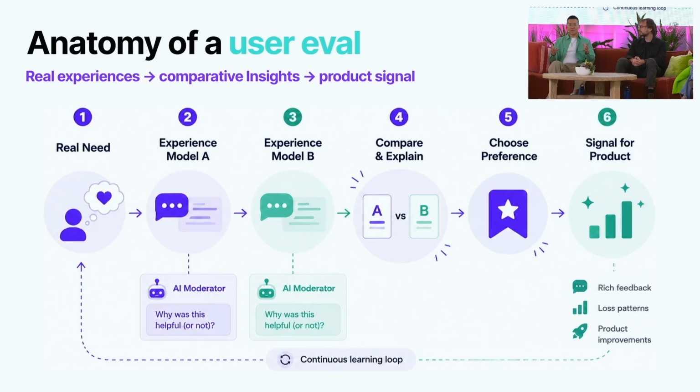And for user evals, we found that consumers' use cases and the jobs that they bring to AI are super varied. Lots of different types of intents. It could be travel, it could be advice, it could be productivity use cases. And there wasn't really a structured way to capture all that feedback.